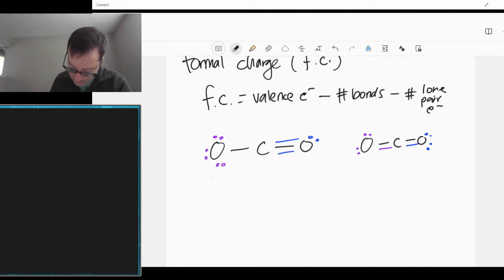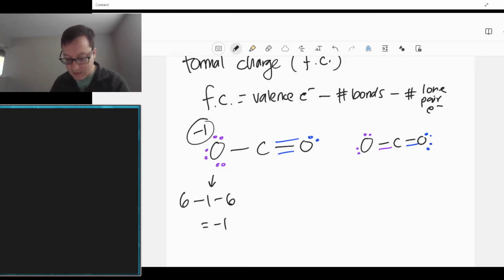If we look at this oxygen, it's got 6 valence electrons minus one bond, minus 6 lone pair electrons equals -1. So that tells us that this oxygen has a formal charge of -1. The carbon has 4 valence electrons, minus 4 bonds, minus 0 lone pair electrons is 0. It's neutral.